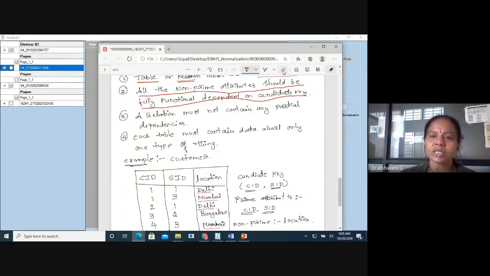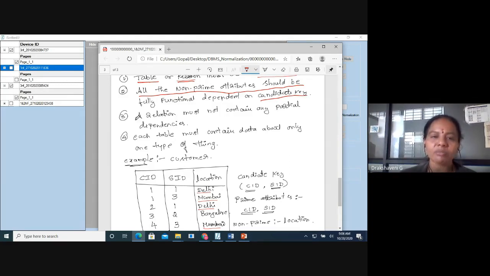So it should be fully dependent on the candidate key.